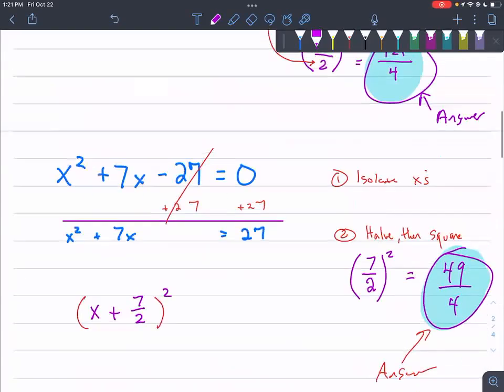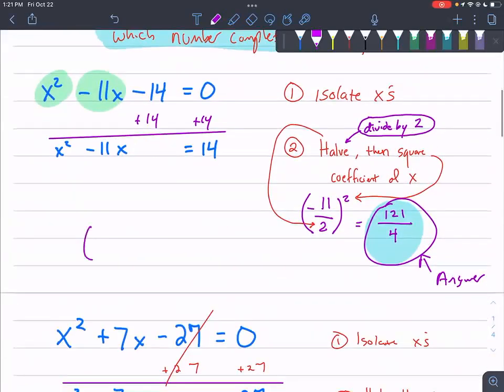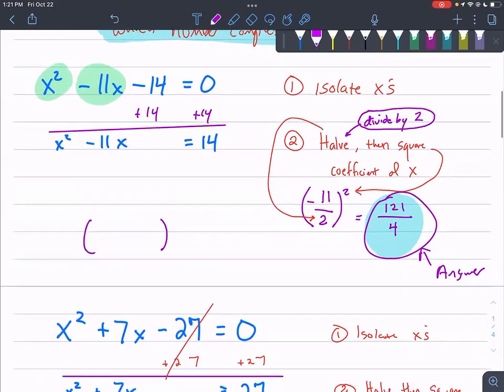On the first one, if I go back to that, if we were to do this one, it'd be x plus what? Actually, no. Yeah, negative 11/2. Okay, so a little bit of a shortcut.